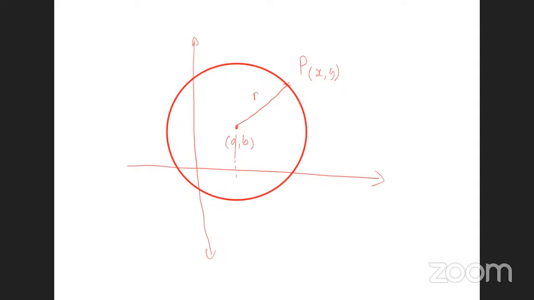This value is a, correct? This value is b. Are you okay with that? Pay attention. This value here is x. And this value here is y. Are you okay with that?